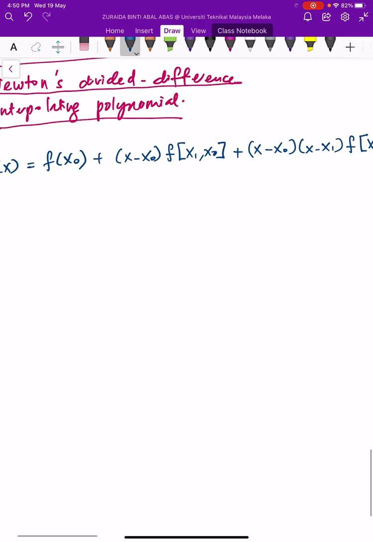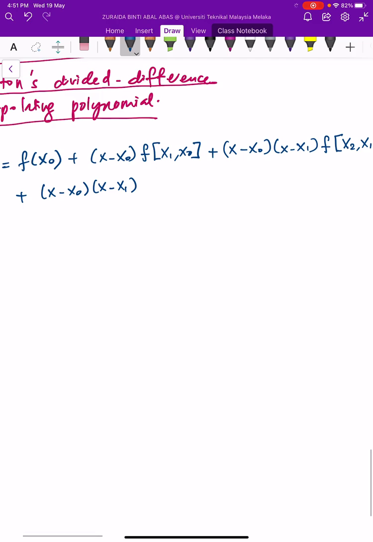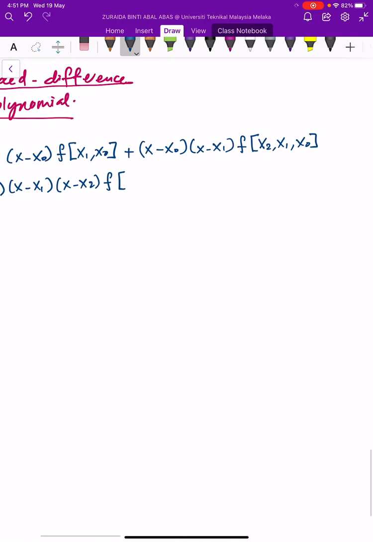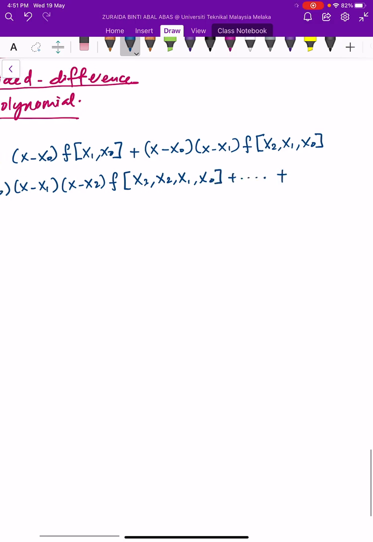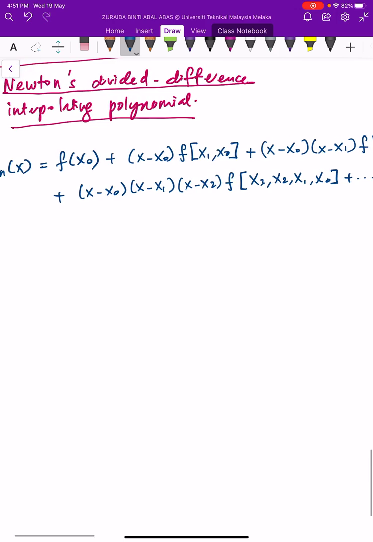Then you will carry on with (x minus x0), (x minus x1), and multiply with (x minus x2). Then you have to multiply by the third divided difference, which is a combination of x3, x2, x1 and x0. And you can extend this formula up until the nth divided difference.